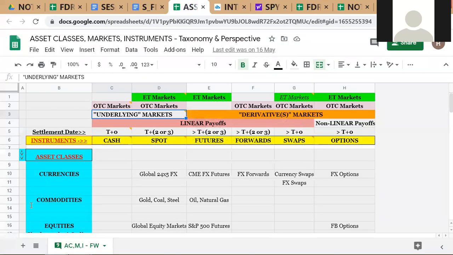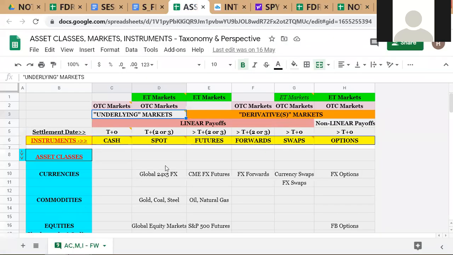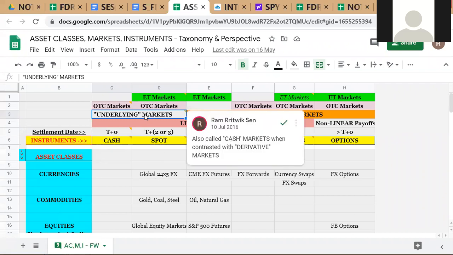When he says, where is the cash market? He wants to know this price. So the response to his question will be, the cash market is 339.48. Okay, 339.48. So now this is the point that you have to understand, this is why I say that finance is not like a science, it's more like law than like physics, because everything is context based.